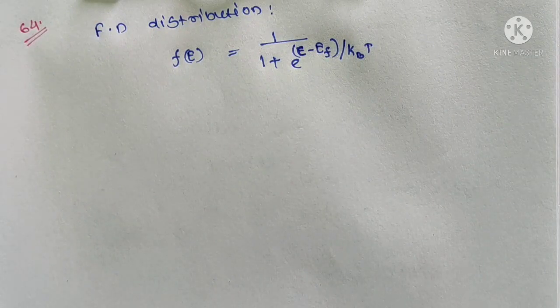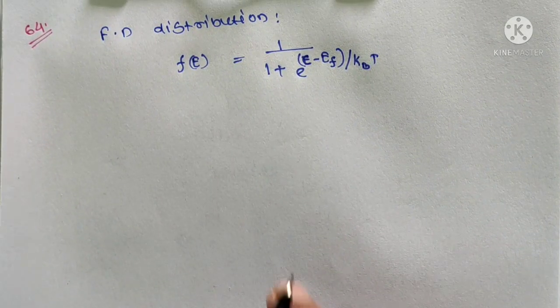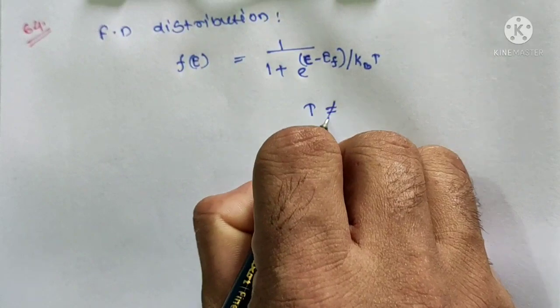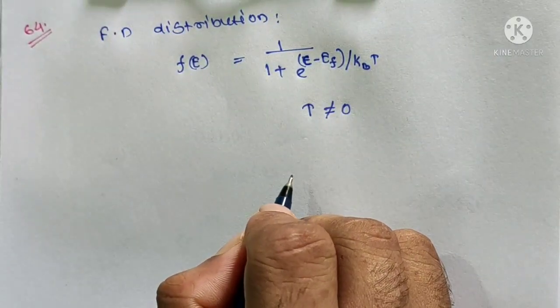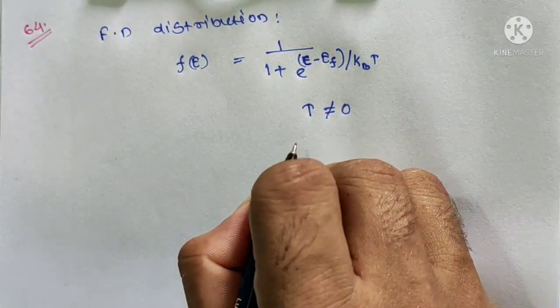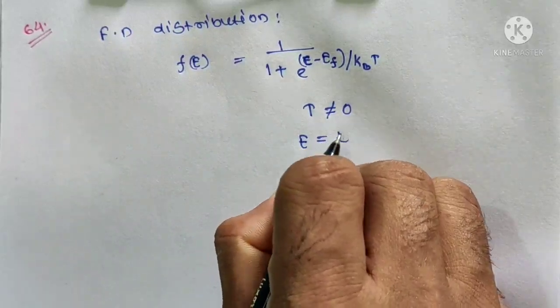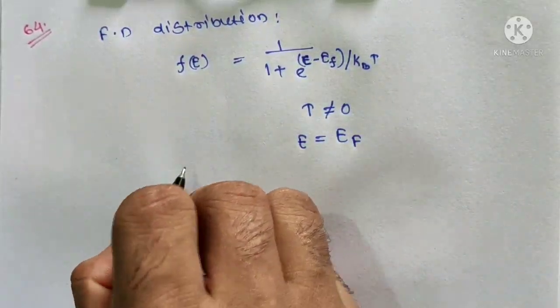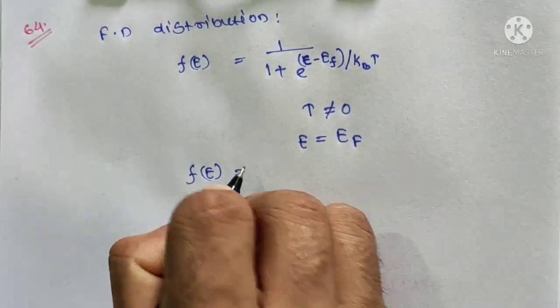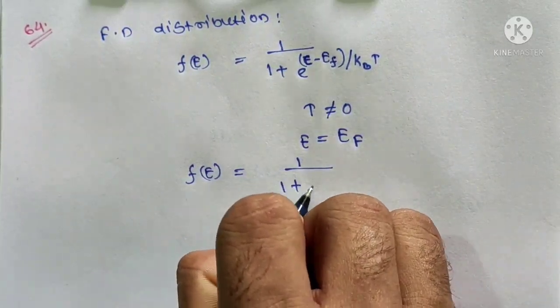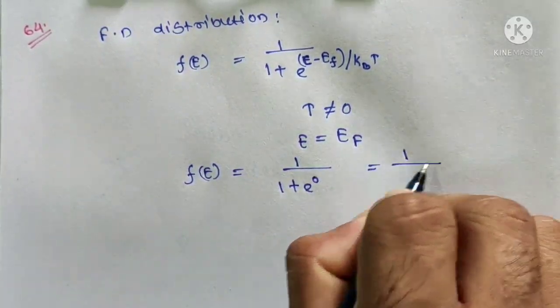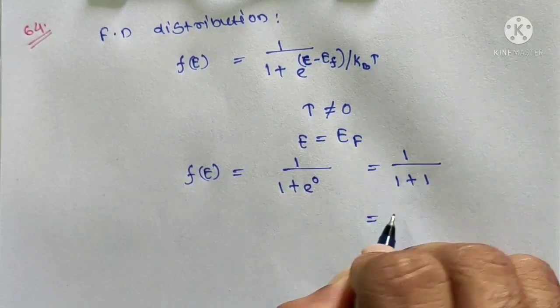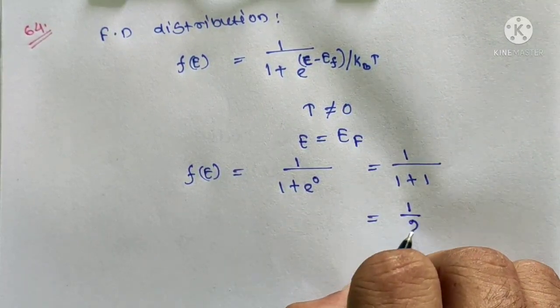Now we have to find this probability at room temperature, that is T not equal to 0, and we have to define this for highest electron state, that means E equal to EF. So f of E equal to 1 by 1 plus exponential 0, that is equal to 1 by 1 plus 1, or it is equal to 1 by 2.